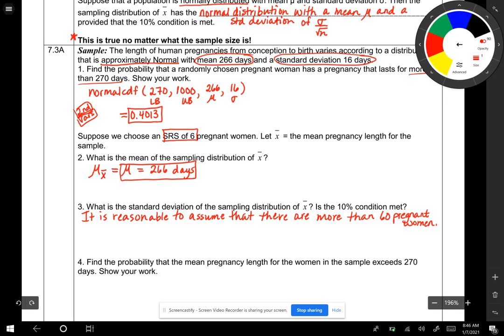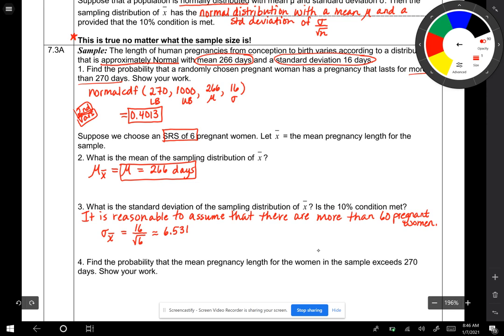Right, so now that we know that the 10% condition is met, we can calculate the standard deviation of our sampling distribution, which is equal to the original standard deviation divided by the square root of n, and our sample size is 6. And that ends up being 6.53197267. Again, I'm using all these extra digits to minimize rounding error.